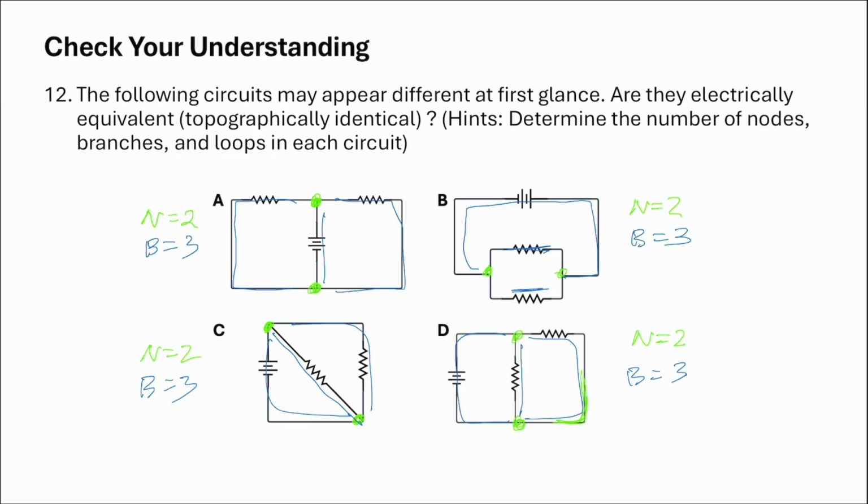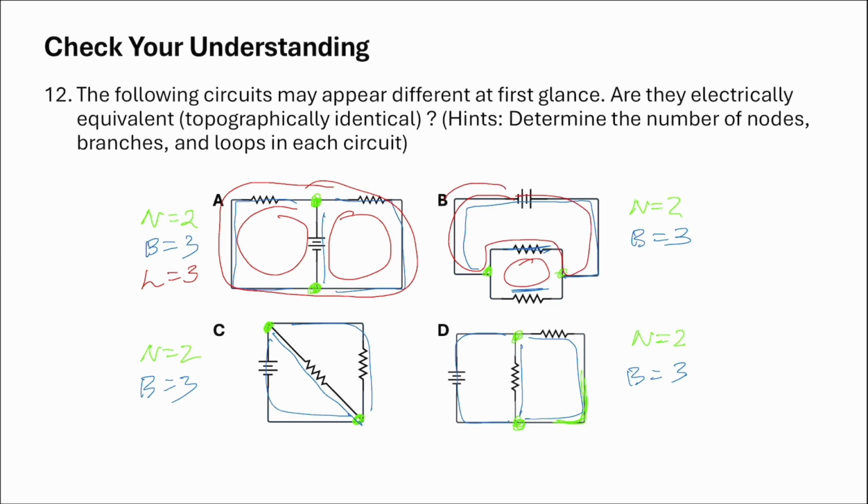Now let's look at the loops. Here we have 1, 2, 3. So L equals 3. Here we have 1, 2, 3.